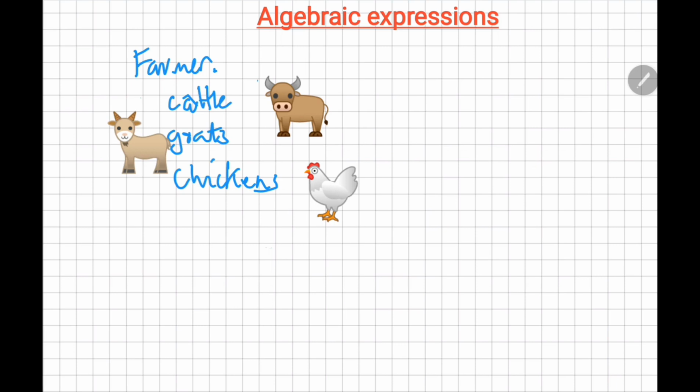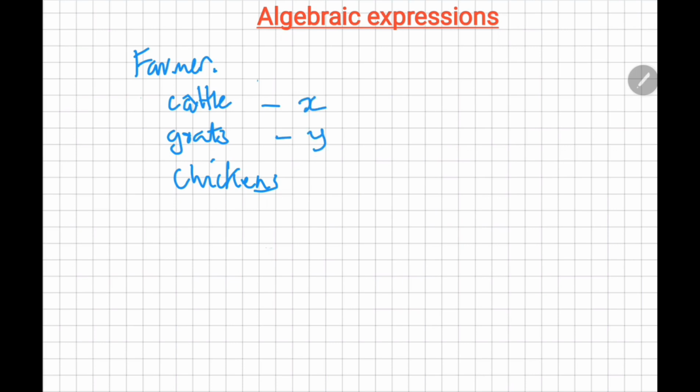Okay, so using algebra, let's represent the number of cattle as x, number of goats y, number of chickens z. Now let's say at the start that's what the farmer has.